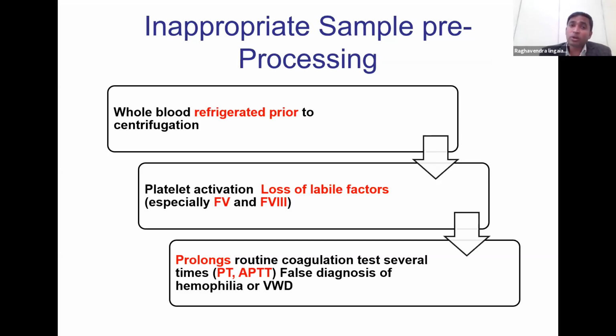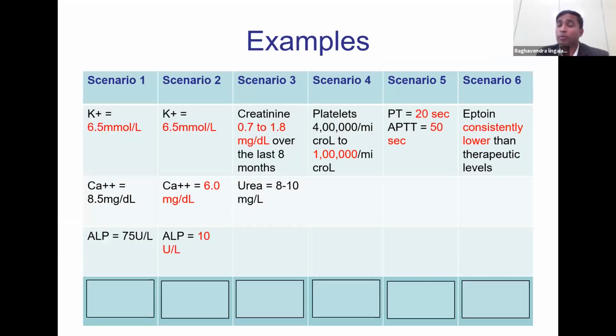So it might give a false diagnosis of hemophilia or von Willebrand disease, depending on what you're working up and the clinical history. So it is not that every sample needs to be frozen or refrigerated or left at room temperature. You need to refer to appropriate guidelines or the literature so that you know how to store the sample.